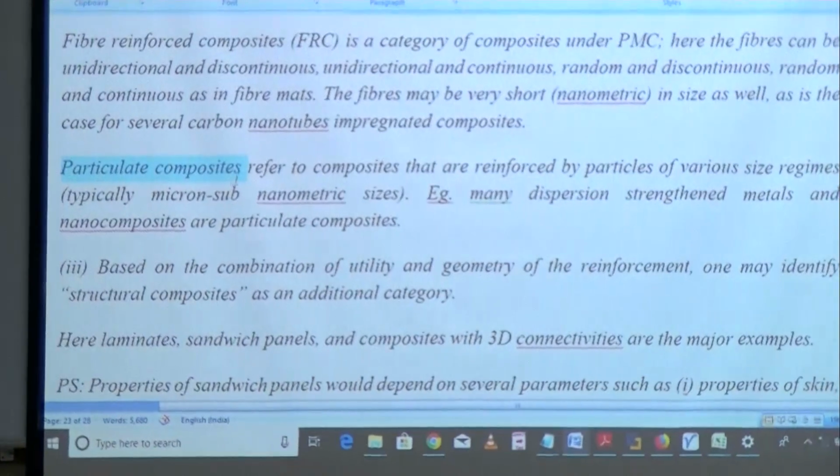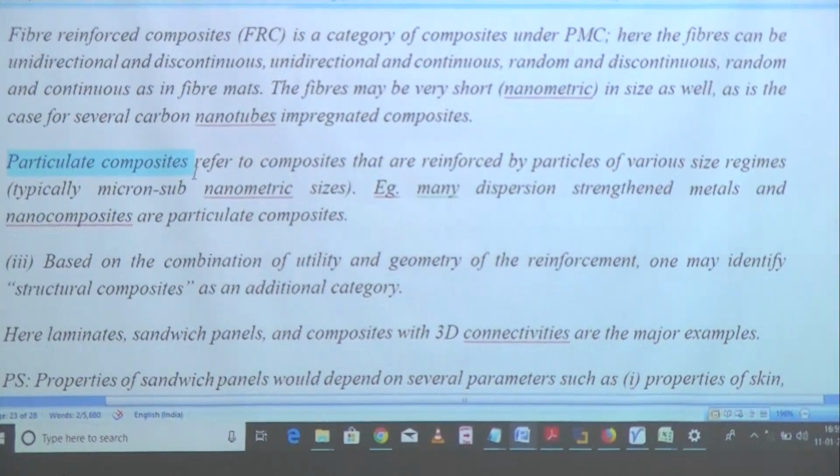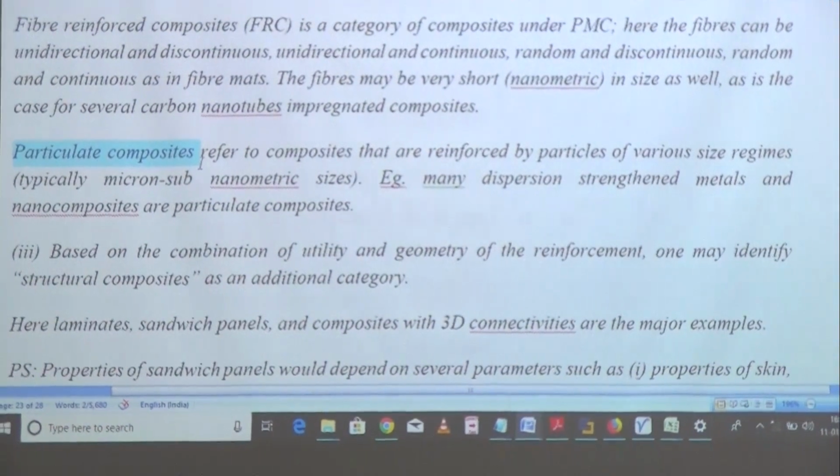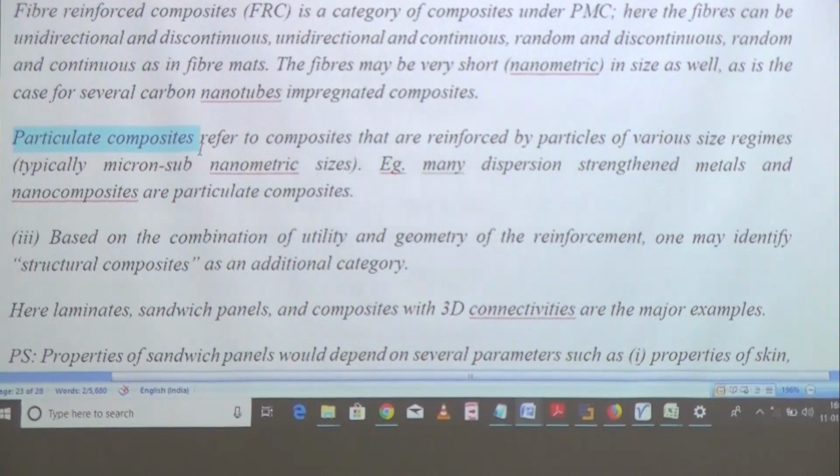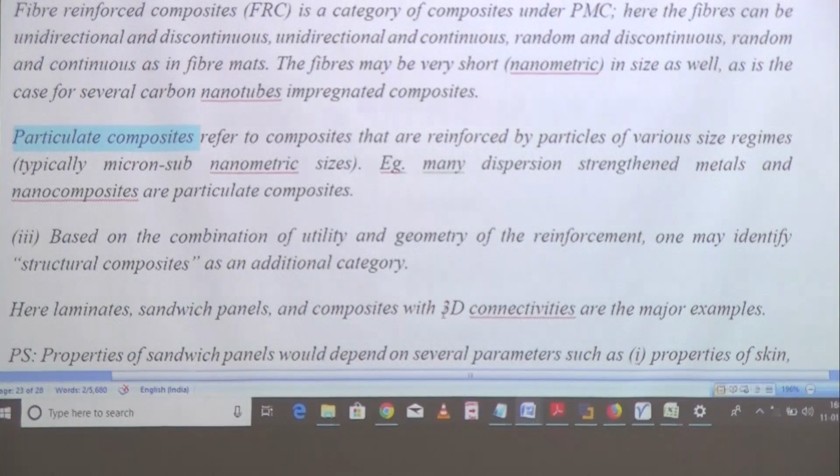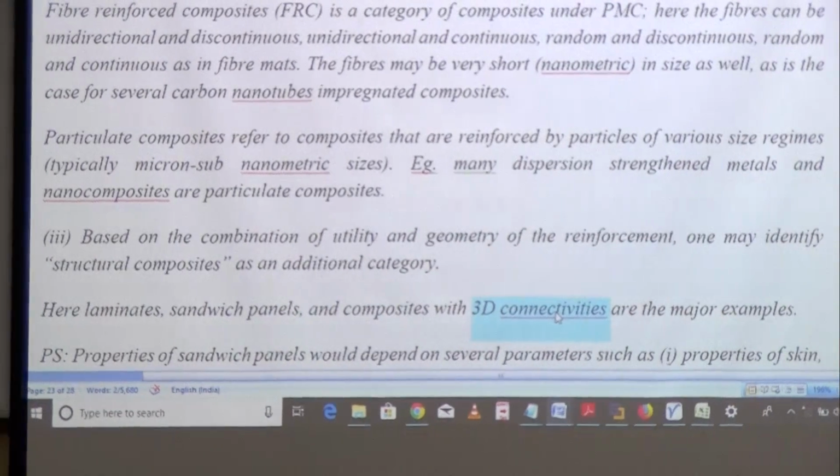A large number of cements are actually examples of composites. When you add sand and gravel to cement, you essentially get a composite. Concretes are composites, okay. And you can have particulate composites, which essentially means you have typically spherically shaped particles that you are incorporating into it. And in all of these, the 3D connectivity of the particles becomes very important. We saw a quintessential example of this in the context of syntactic foams, okay.